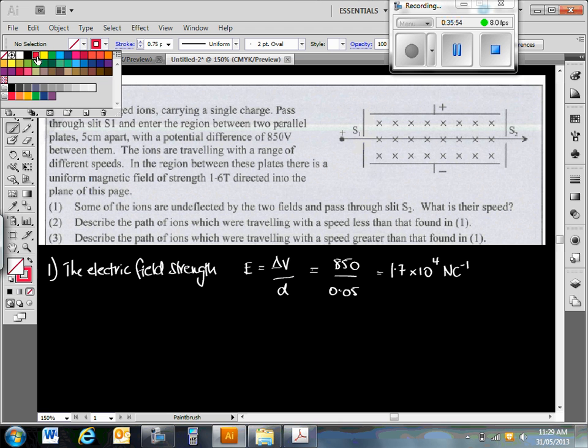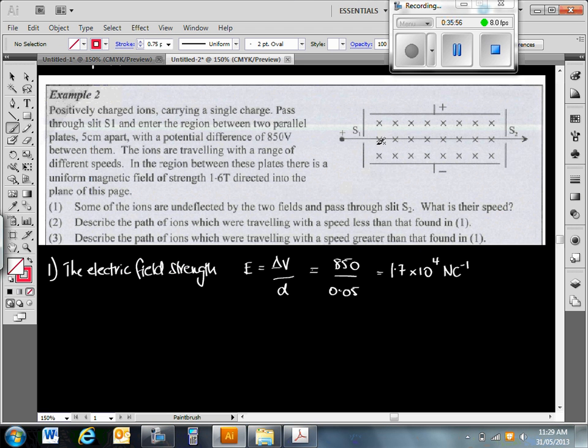Let's look at the forces that a charged particle experiences. Because of the magnetic field, if it's a positively charged ion, it's going to feel a force up the page, isn't it? Can you see by the right-hand palm rule?